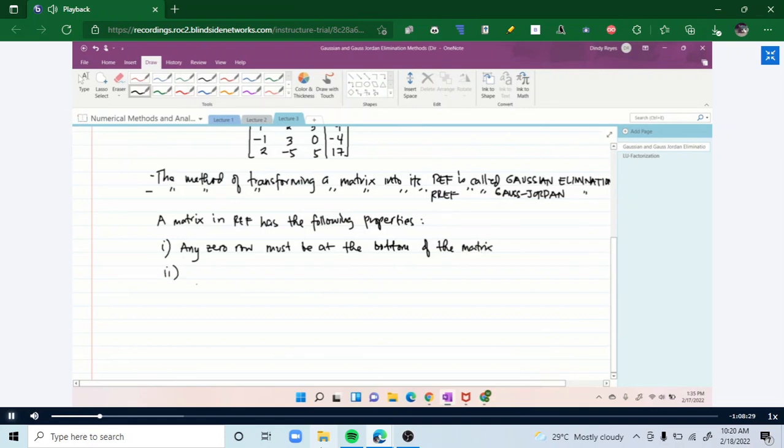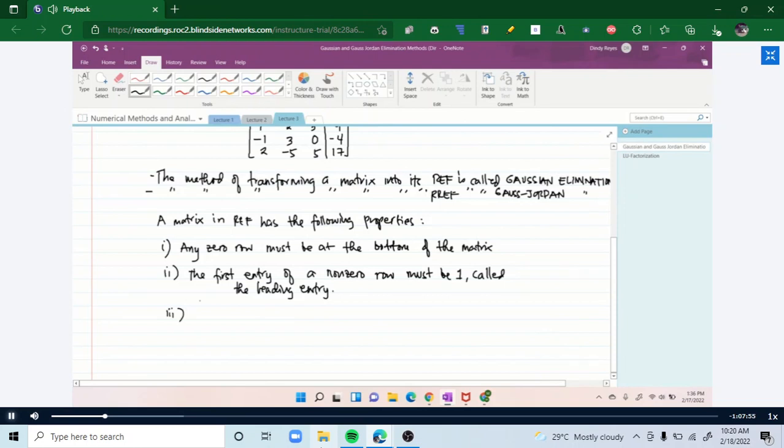And then for a non-zero row, its first entry, called the leading entry, must be 1. The first entry of a non-zero row must be 1. This is called the leading entry.